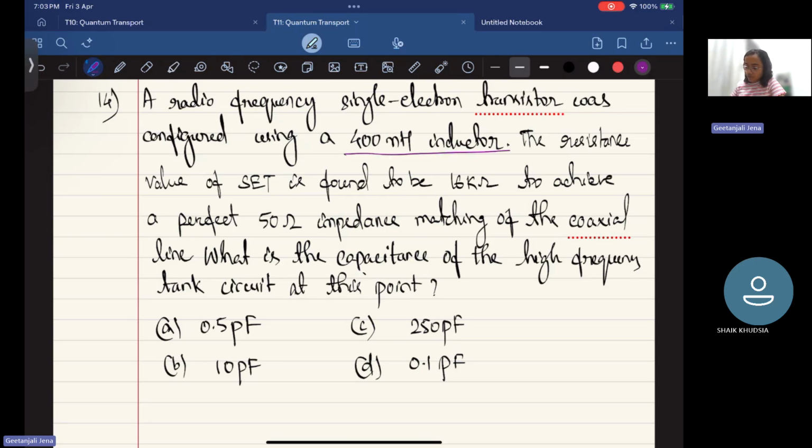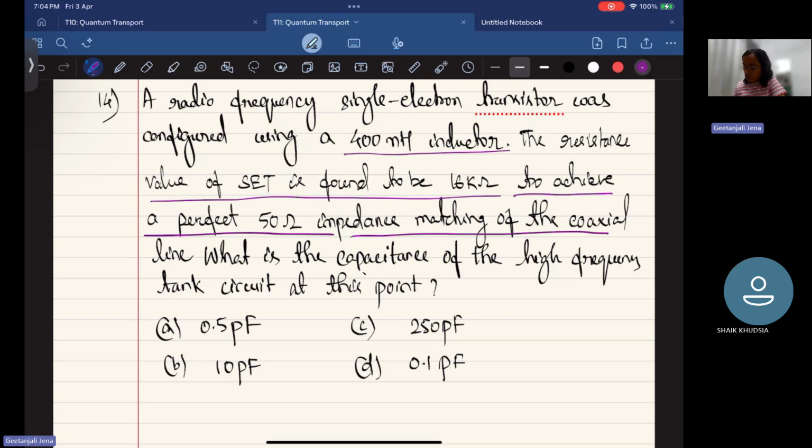The resistance value of SCT is found to be 16 kilo ohm to achieve a perfect 50 ohm impedance matching of this coaxial line. What is the capacitance of the high frequency tank circuit at this point? Would you be able to solve it?